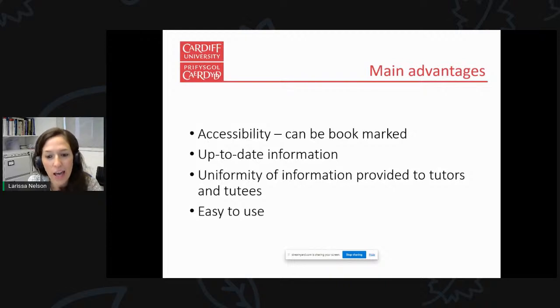So students have the potential to have the same information shared with them. Obviously, tutors are free to provide any additional support or additional guidance or do something slightly different. This is definitely not a directive of what they have to do, but just suggestions in case they're lost for what to do. And it's just a web page, so it's simple to use, simple to follow.